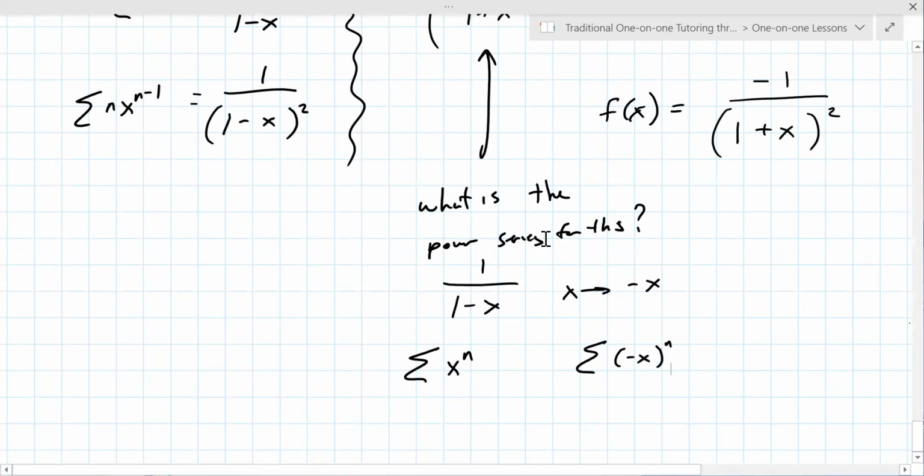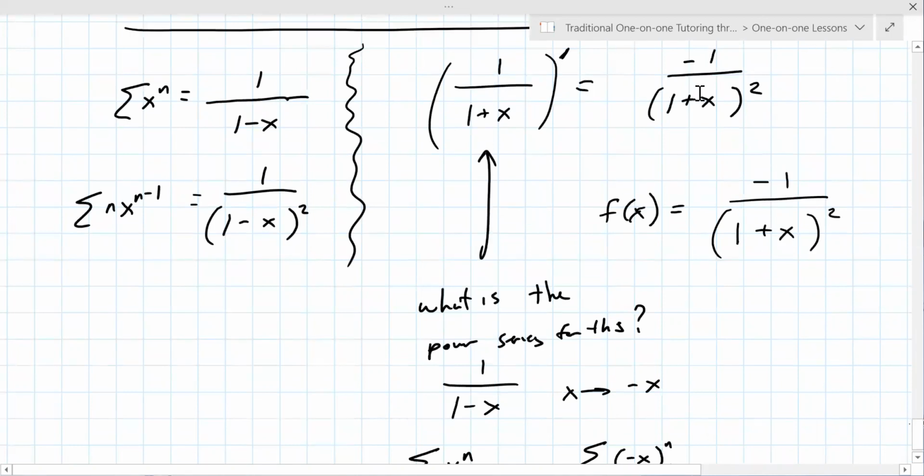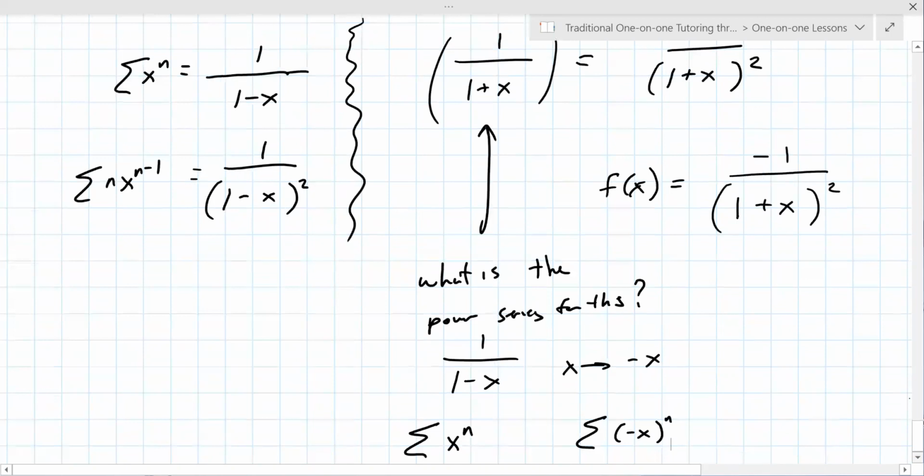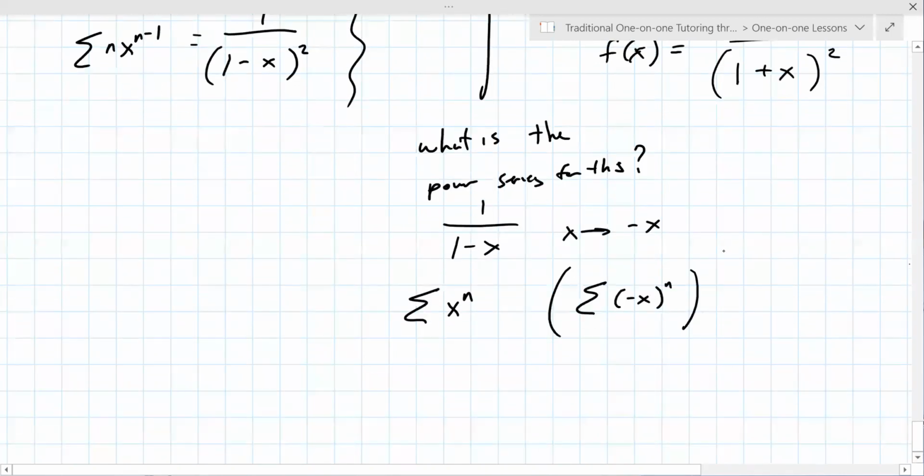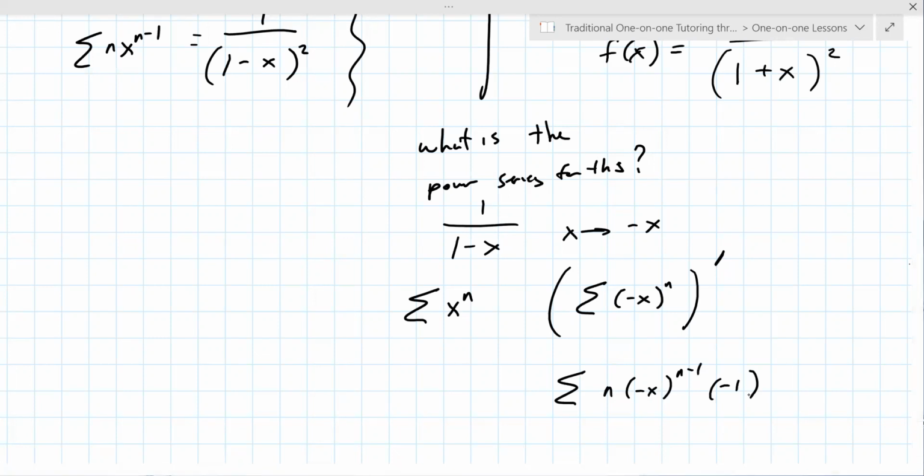Since a derivative of this thing gets you to the one that we care about, you want to take a derivative of this thing over here. You just take the derivative of the inside function: n times minus x to the n minus 1, times -1. It's not obvious, right?